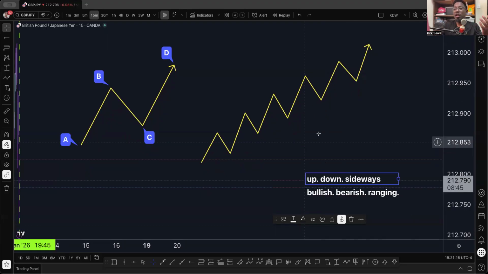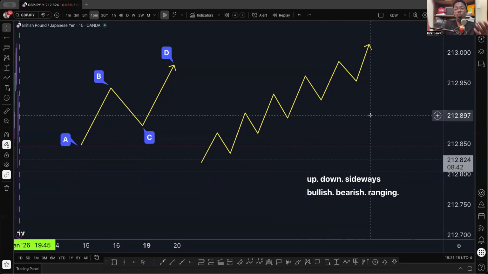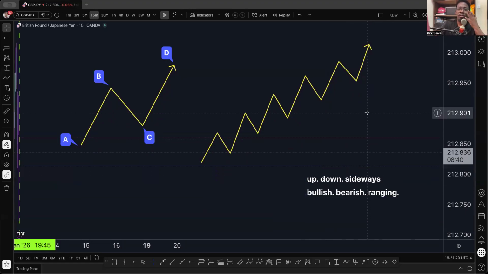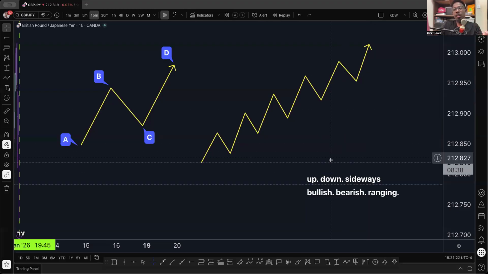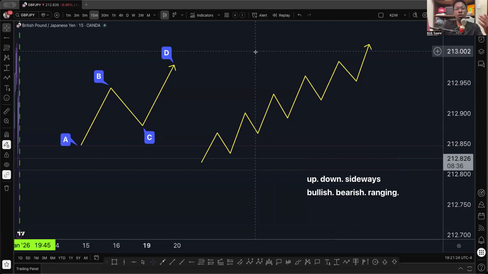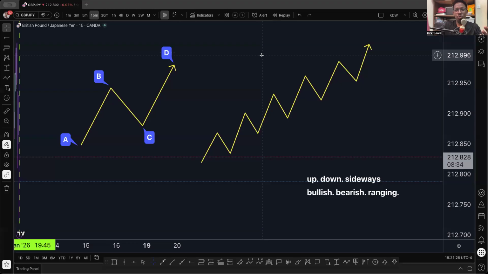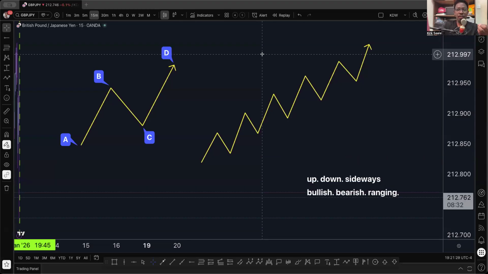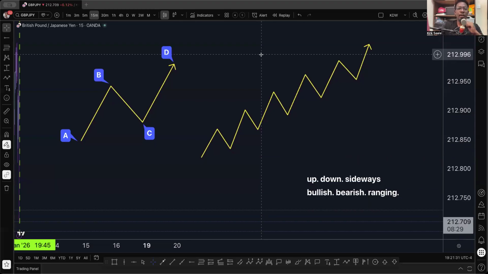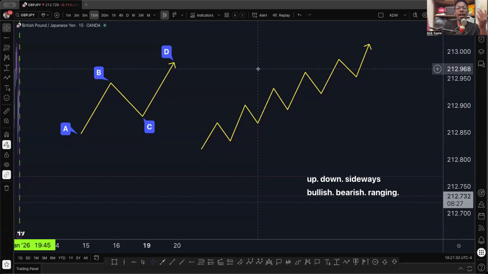So we get really excited about bulls. We want to see bulls. But in stock exchange, if bears show up, if price is going down, that means your company is not doing very well, and that's a bad thing. In the foreign exchange market, we make money both ways, price going up and price coming down.